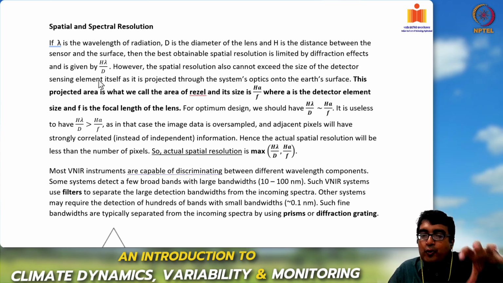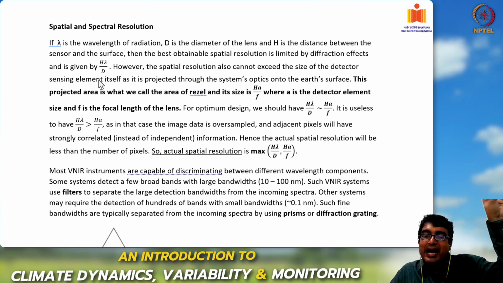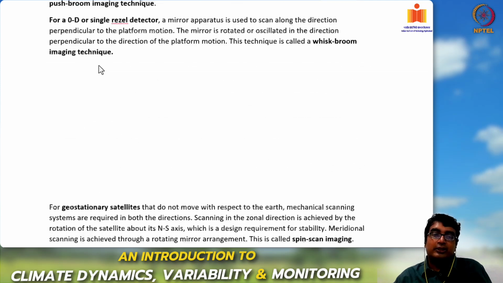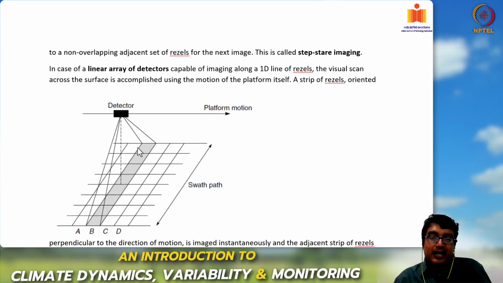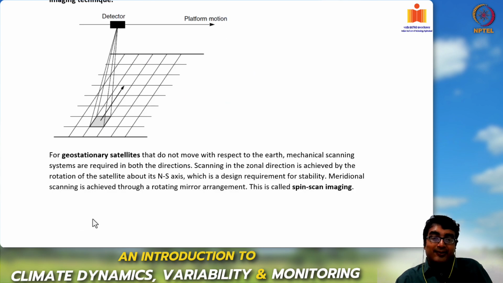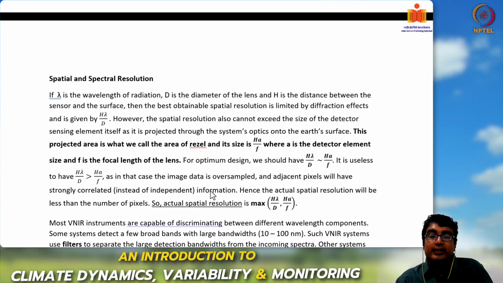The area projected on the ground by an individual detector is your resel. So if you have 8 linear detectors, each of these detectors is projecting this square area on the surface, and that is what is defined as your resel. The resel size, length and width, is given by hA by f.